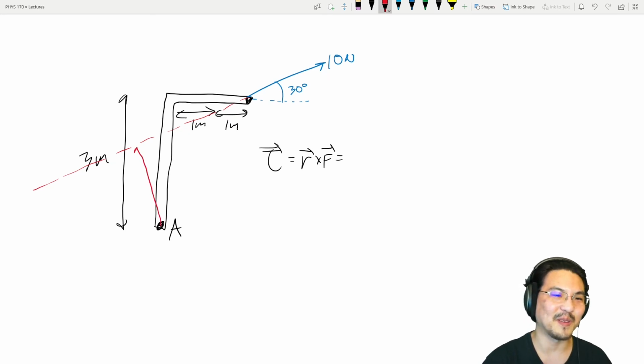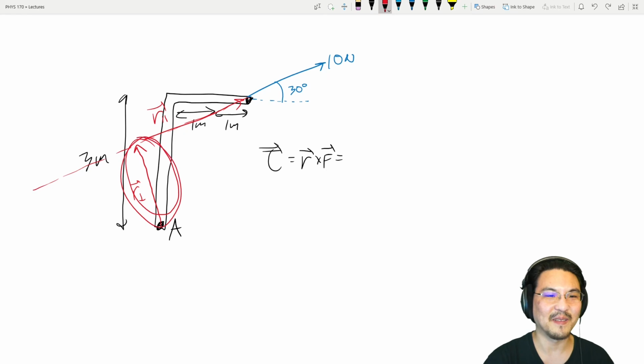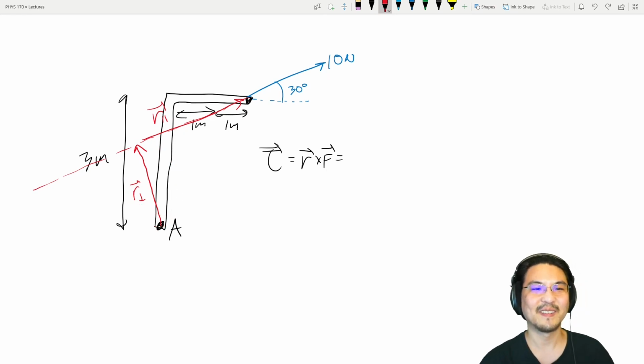One perpendicular to the force, one parallel to the force, and then this component doesn't cause any torque, only this one. So then, you would have to calculate this, which is maybe not so bad.